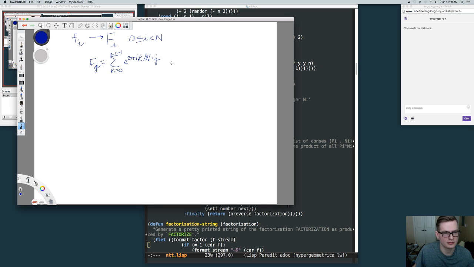So that's our root of unity, and then we multiply it by our element of our transform, so f of j. Writing in this tablet is really, really difficult. And by the way, this is bracketed right here. Okay, so that's a typical Fourier transform.